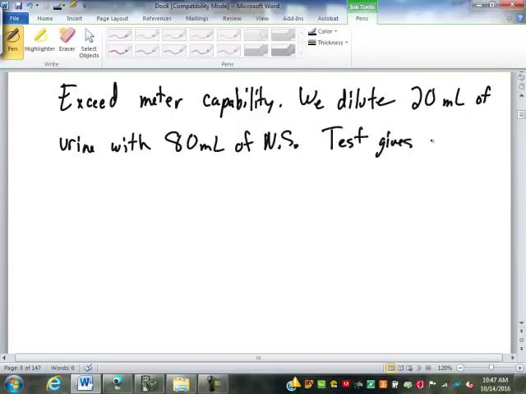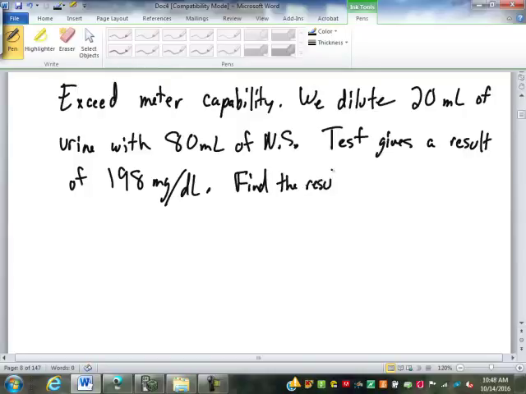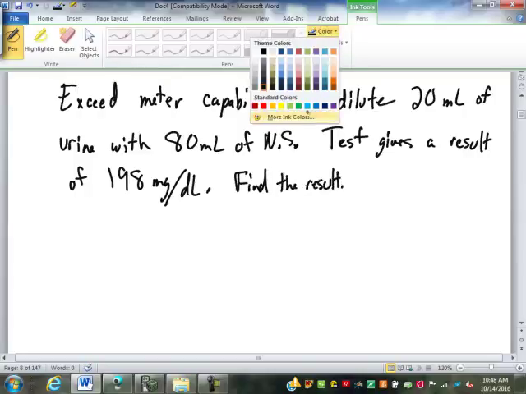Test gives a result of 198 milligrams per deciliter. So find the result, the true result.